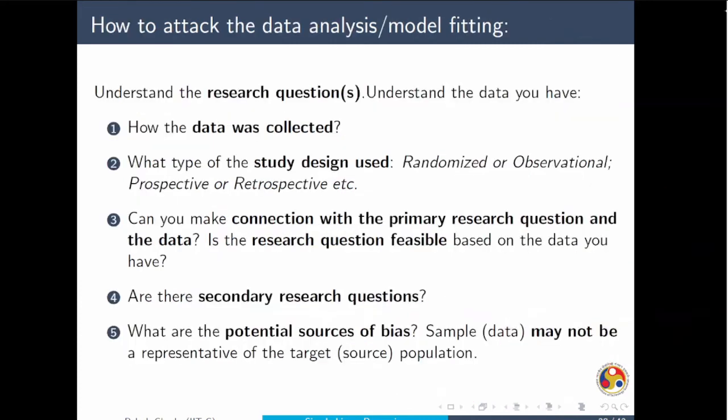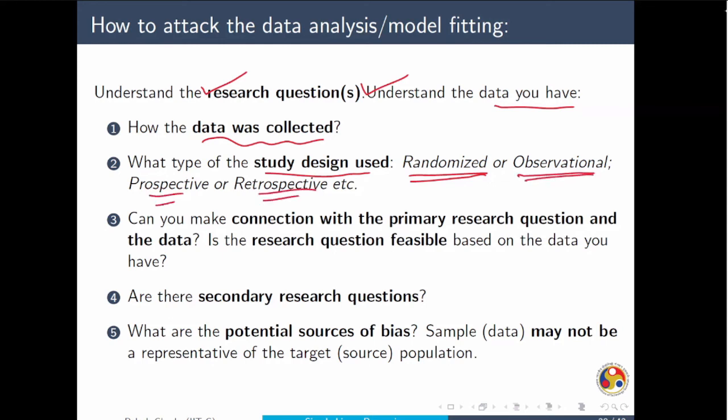Okay, so very quickly, I have only 1 minute left. How to attack a data analysis or model fitting problem. You need to understand the research questions and understand the data very well: how the data is collected, and what type of study design is used, randomized. You must be familiar with the randomized trial, at least with respect to the COVID vaccine, the third phase randomized trial, or whether it is observational data, prospective or retrospective.